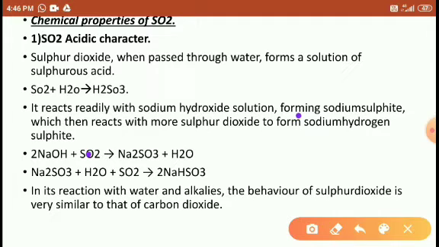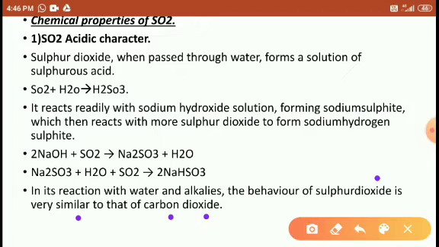So sulfur dioxide reacts with sodium hydroxide to form sodium sulfite, and sodium sulfite further reacts with water and sulfur dioxide to form sodium hydrogen sulfite, or sodium bisulfite. So in its reaction with water and alkali, the behavior of sulfur dioxide is very similar to carbon dioxide.